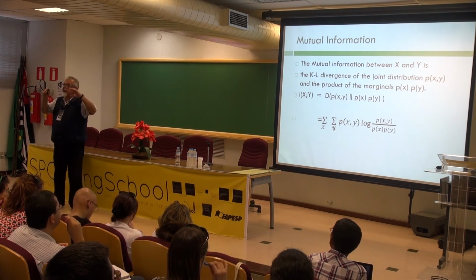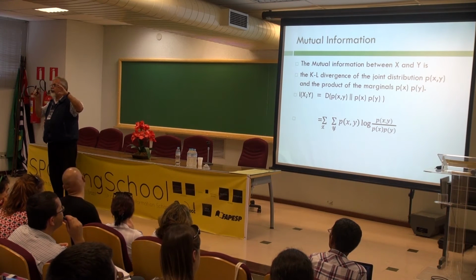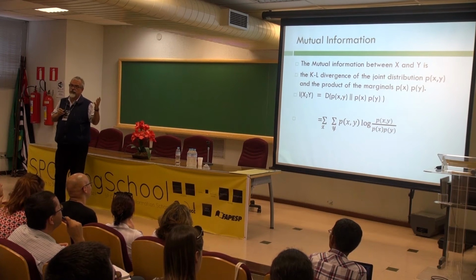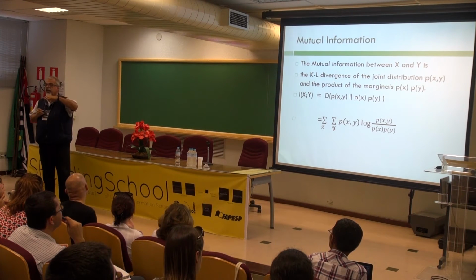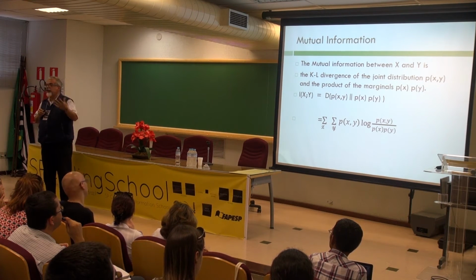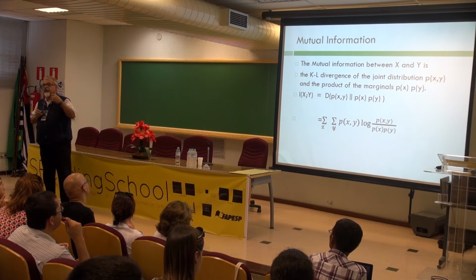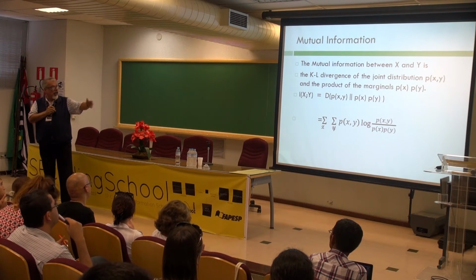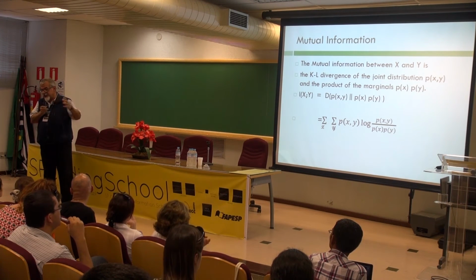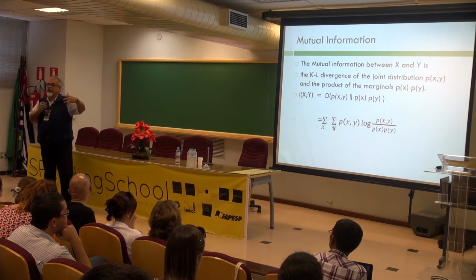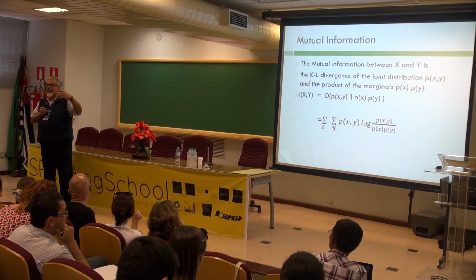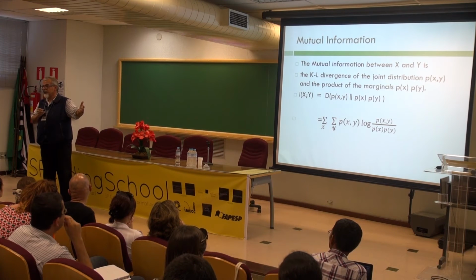Now comes the most important of all of these expressions, and you'll see why it's the most important, because it's associated with a number of theorems that we'll see. The first theorem of Shannon in data compression is expressed in terms of entropy, but if you look at the grand picture in terms of rate distortion theory, it's really expressed in terms of a mutual information.